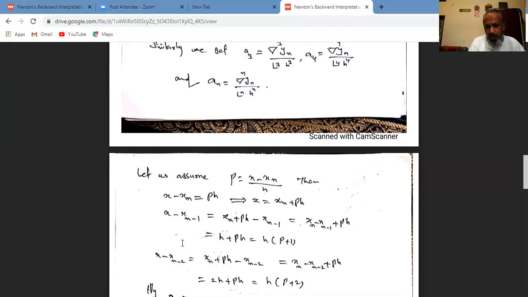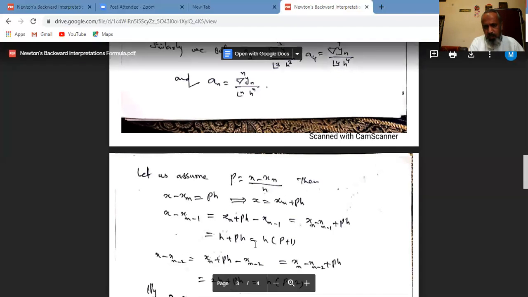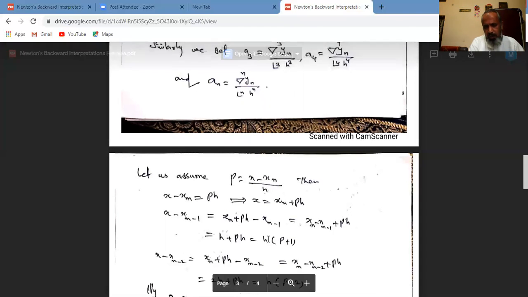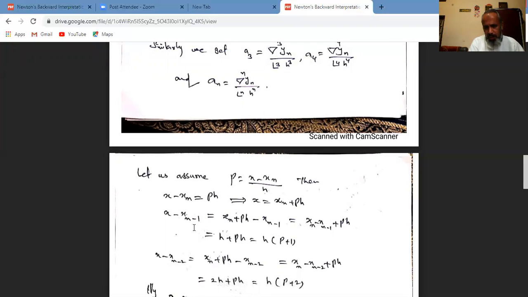So what will be the value of x minus x(n-1)? Substitute x equal to xn plus ph, minus x(n-1). So what is xn minus x(n-1)? This is the difference of two consecutive x values, so it is h plus ph. h common, p plus 1. h into (p plus 1) is x minus x(n-1).